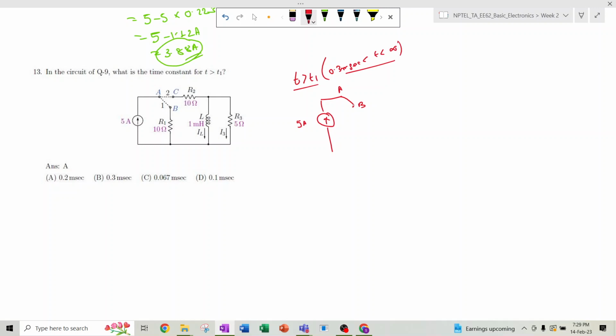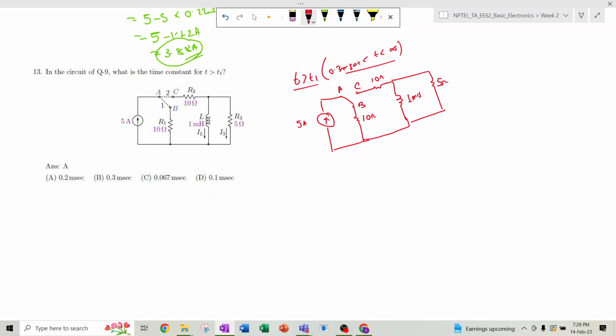So here it has 10 ohm, that is C, it is 10 ohm, it has 1 millihenry and it has 5 ohm.